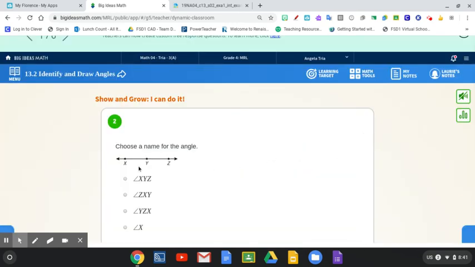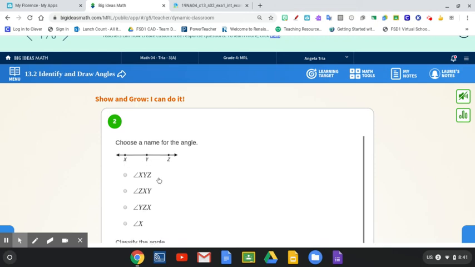We need to choose a name for this angle. Now, we know it looks kind of like a straight line. And when we look at that, we need to think about how we want to name this angle. When we name this angle, if it looks like this straight line here, we're going to look left and go to the right. And this is our vertex, or excuse me, our shared endpoint.